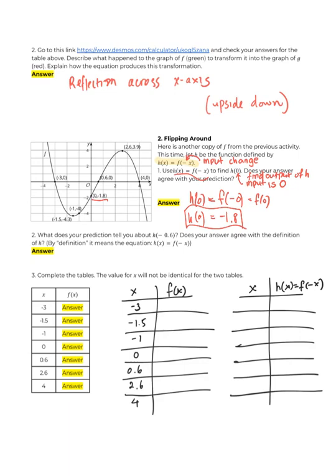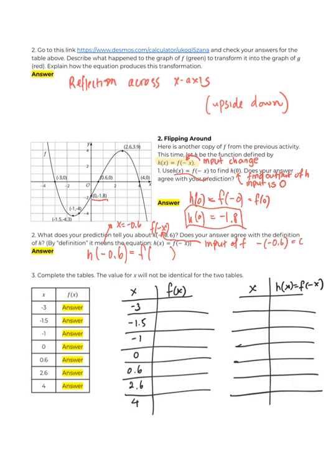How about h of negative 0.6? We know that inputs are going to be changed. Right now, x is negative 0.6, so for f of negative x, the input of f will be negative of negative 0.6.